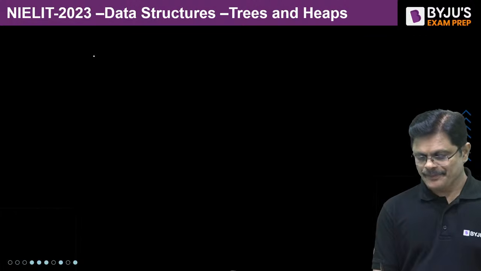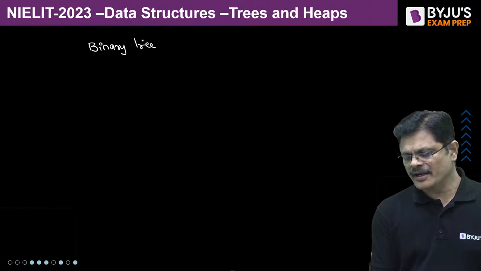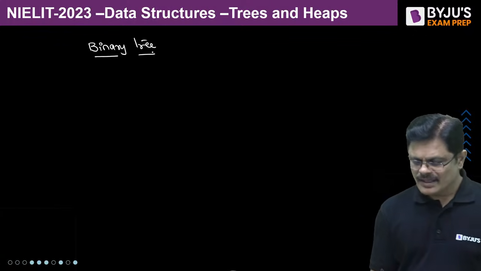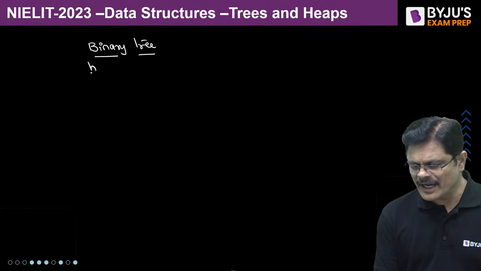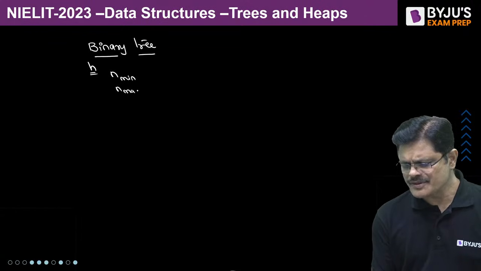See here. In a binary tree, you should learn the following results properly. These are the standard results, and we should know them. For a given height h, we should know the minimum number of nodes and the maximum number of nodes.